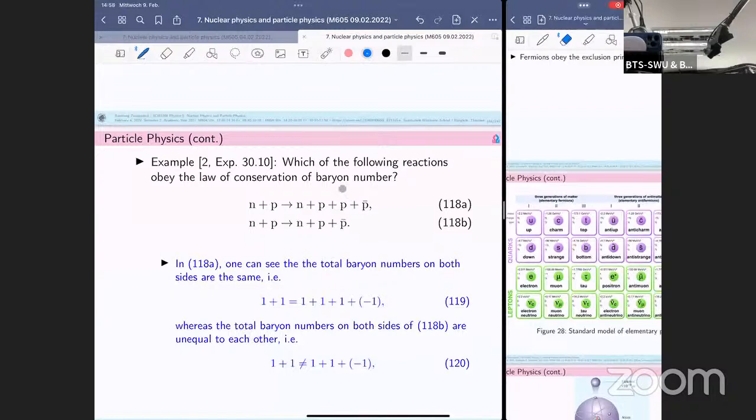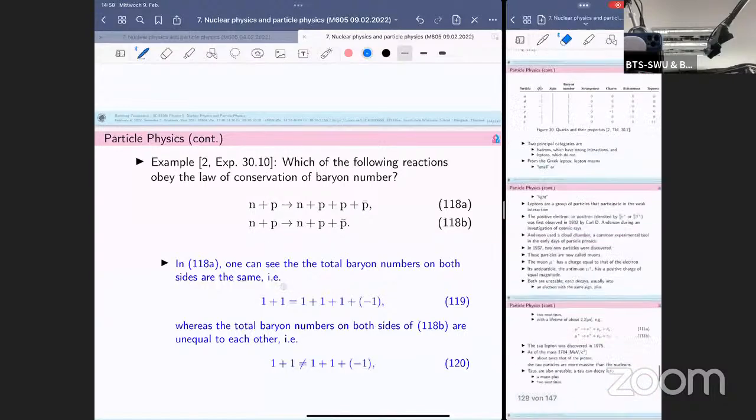In order to predict which one will occur in nature, we have to see whether the baryon number summation is balanced on the left-hand side and on the right-hand side. Okay, we consider here the neutron has baryon number 1. We write down number 1 here. Proton has baryon number 1.